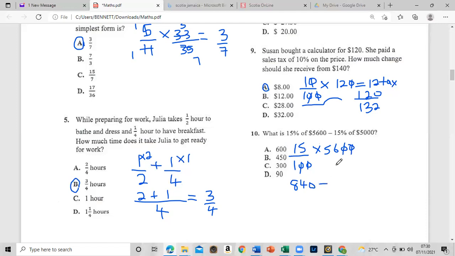And then 15% of this is supposed to be a big number too. So 15% of about 575. All right, so we're going to cancel.